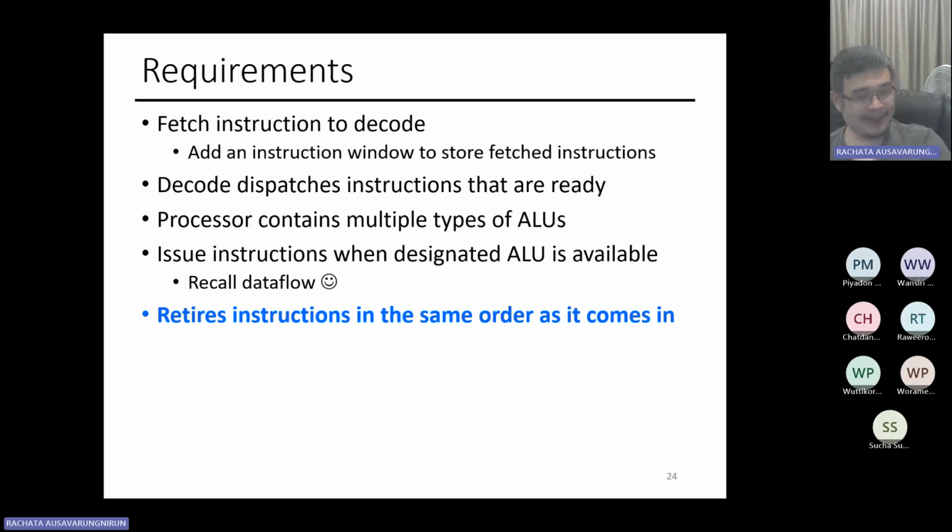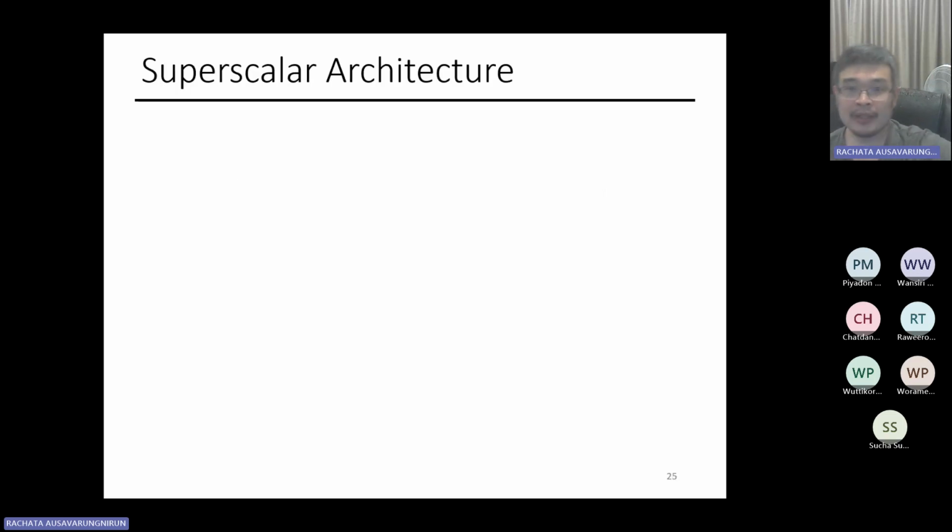Now, to guarantee the von Neumann model, which is sequential instruction processing, where I finish the first line, second line, third line, I finish write backs in order. We call this retiring the instruction. It's like in the write back stage, we sort everything back to instruction 1, 2, 3, 4, 5, and then we retire based on the same order as coming in.